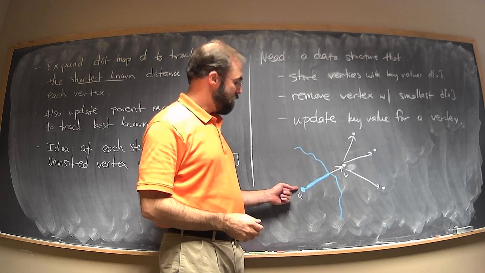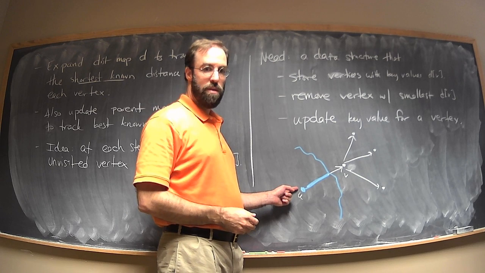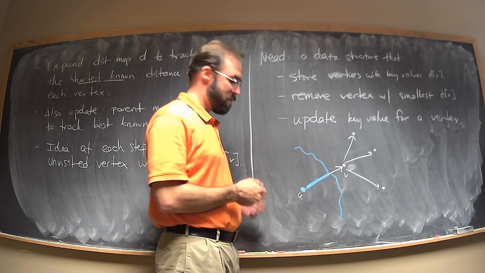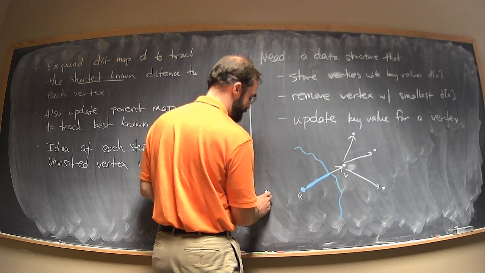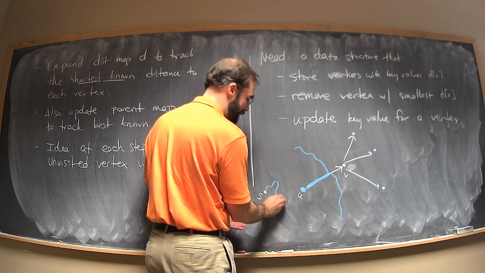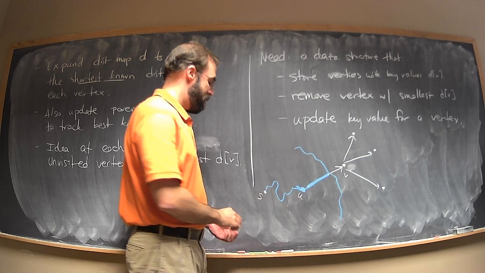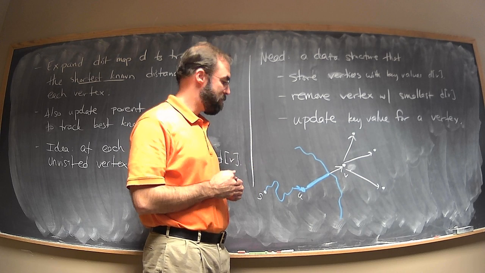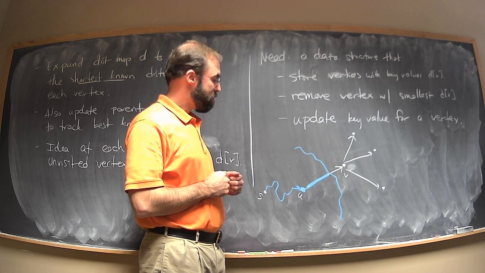U is visited, so we know for sure what the shortest path is from our start to U. I'll put our start here. There's some path that goes to U, so d of U is exactly the shortest distance to U.